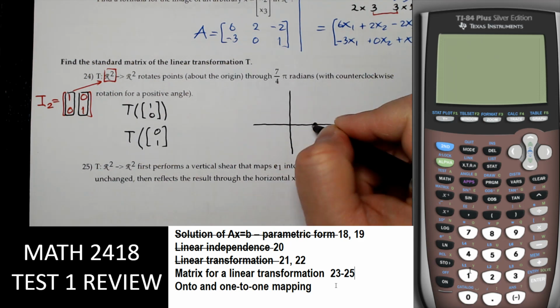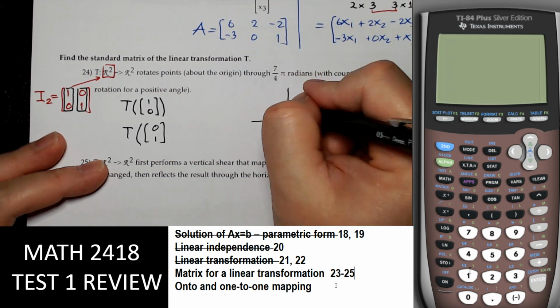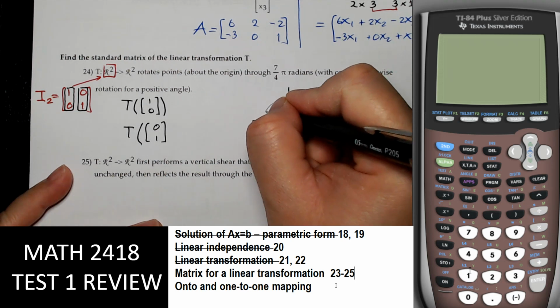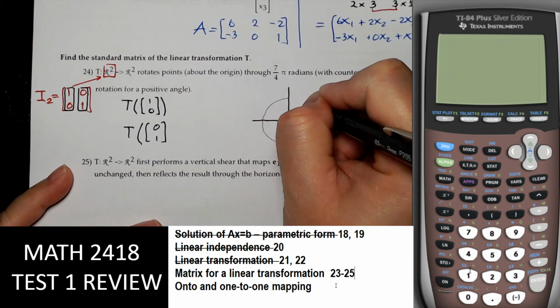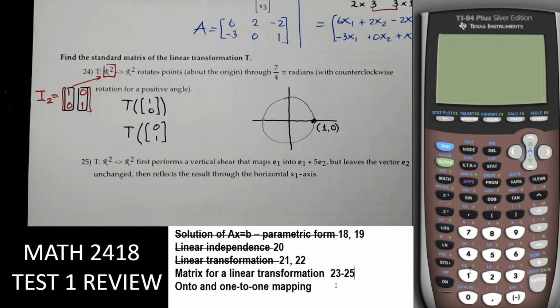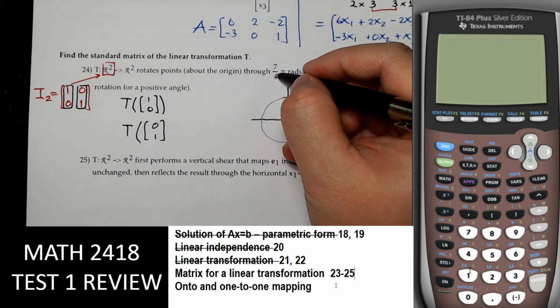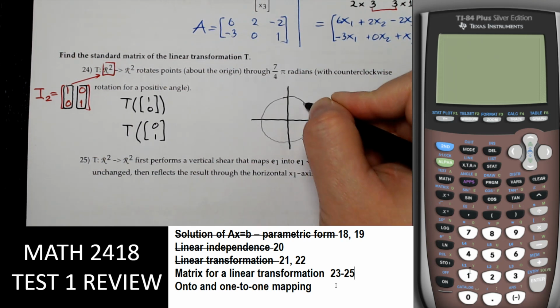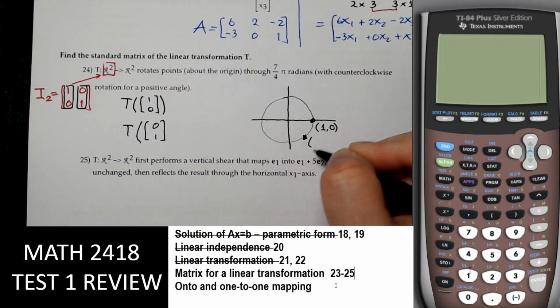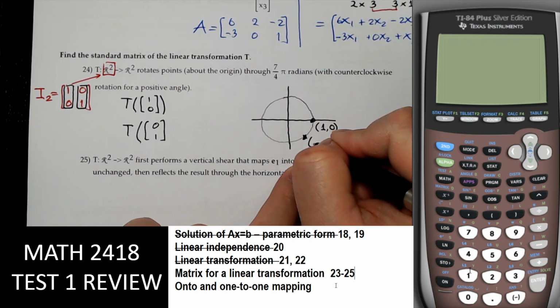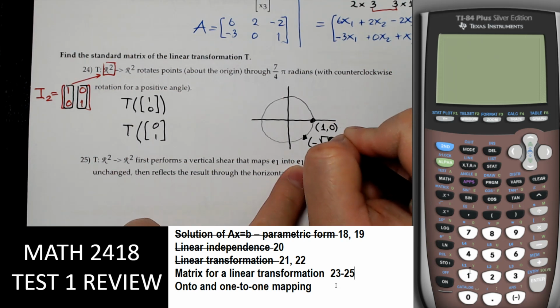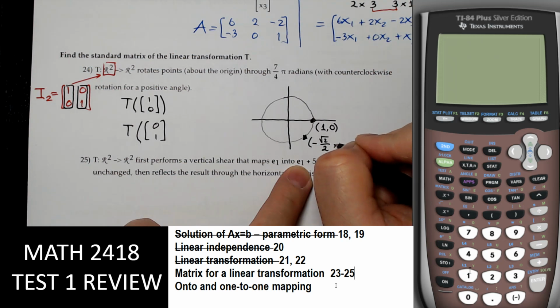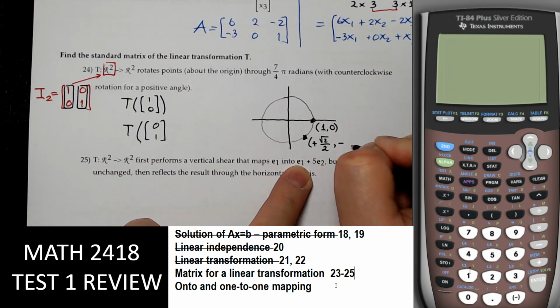I might just draw a circle first. This point is on the unit circle, and 7 over 4 pi is going to be here. So this point will go here. The coordinate of this point will be: x is positive square root 2 over 2, and y is negative, square root 2 over 2.